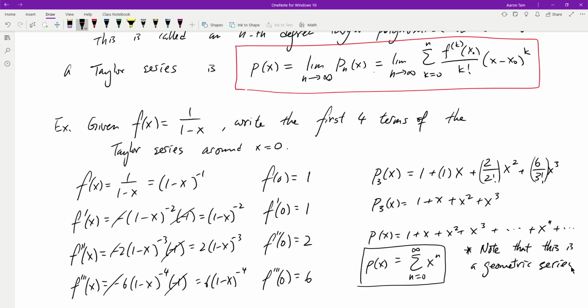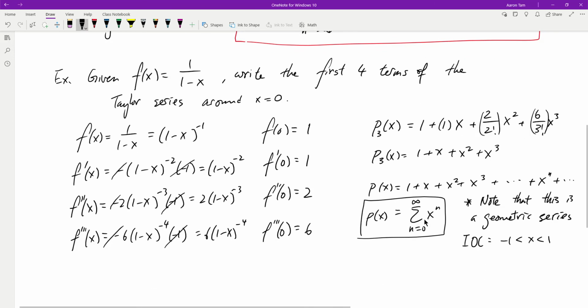A geometric series is when all the subsequent terms are multiplied by a common ratio, which in this case is x, and therefore this implies that the interval of convergence should be anything between 1 and negative 1, because x is the common ratio. For a geometric series, the absolute value of the common ratio has to be less than 1 in order for the series to converge. So therefore, the interval of convergence should be negative 1 to 1.